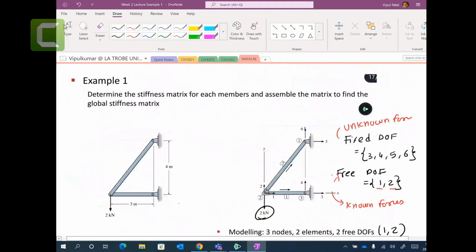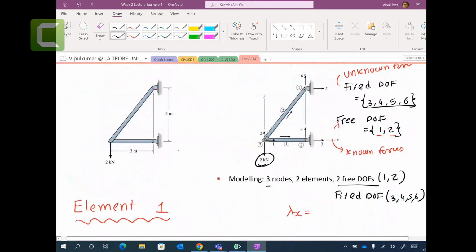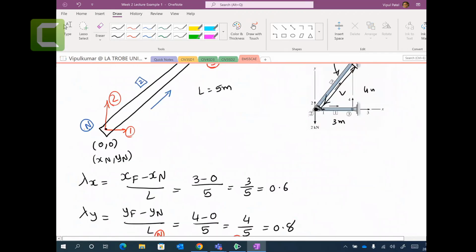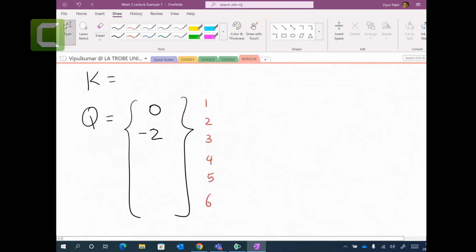And all the other forces, 3, 4, 5, 6, are unknown, so we put Q3, Q4, Q5, and Q6. Let me write these numbers on the lines 1, 2, 3, 4, 5, and 6. Right, I hope you understand how to get the Q vector.